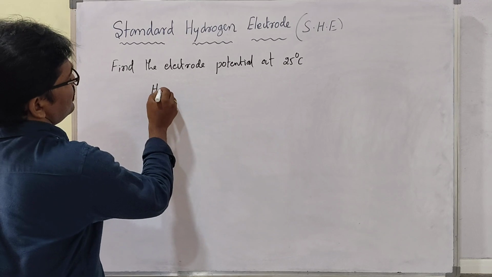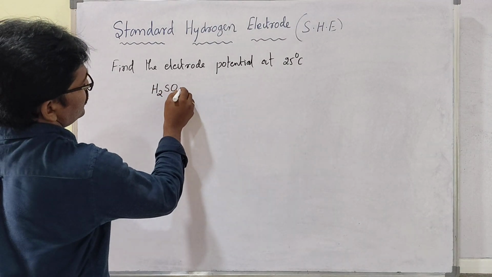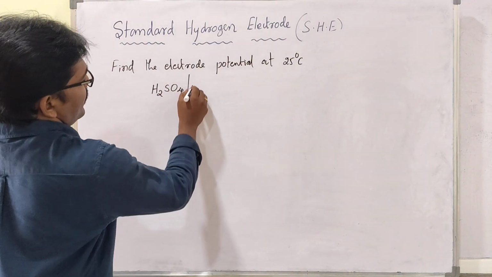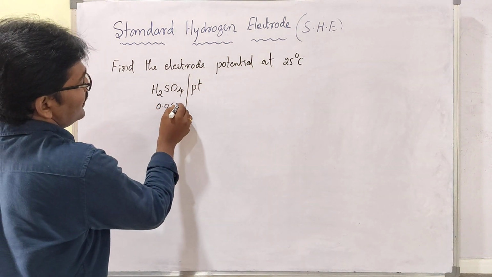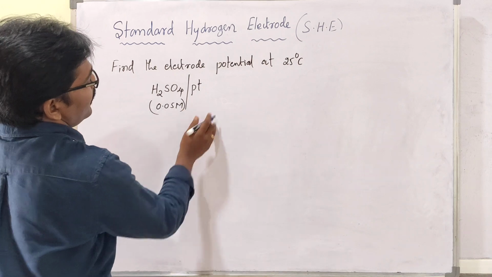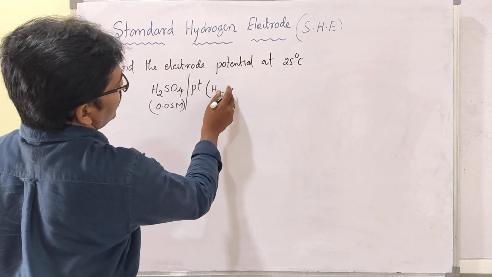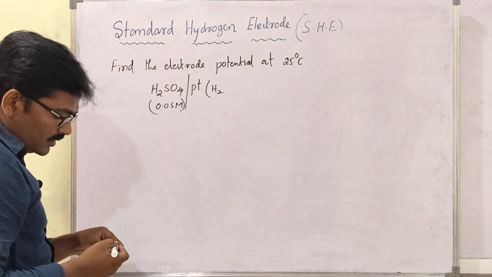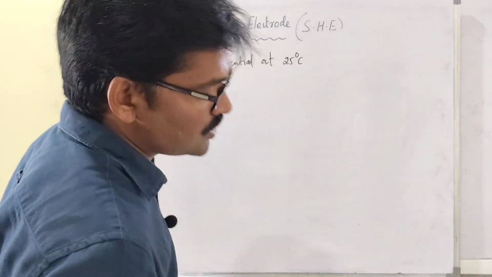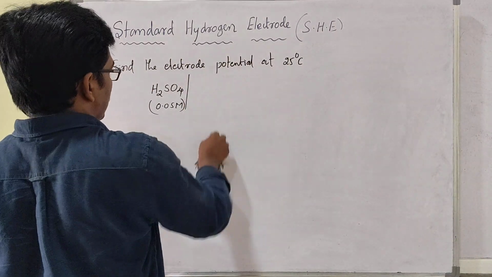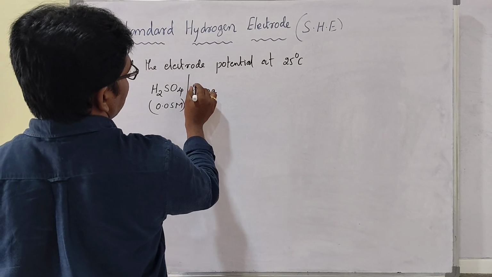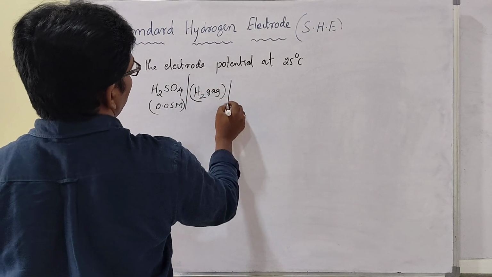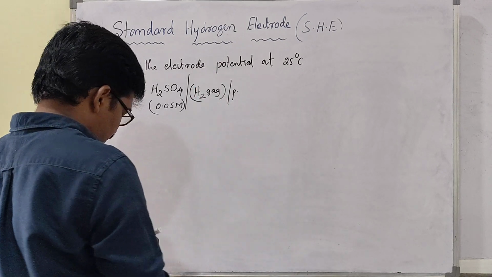Here H2SO4 is mentioned, then the platinum electrode. Here 0.05 molarity is mentioned. Then platinum electrode, and H2 gas in the bracket. Then I have to mention the platinum electrode like this.